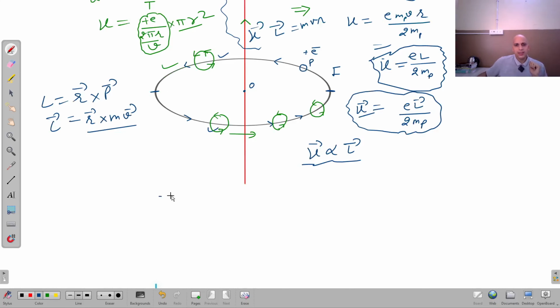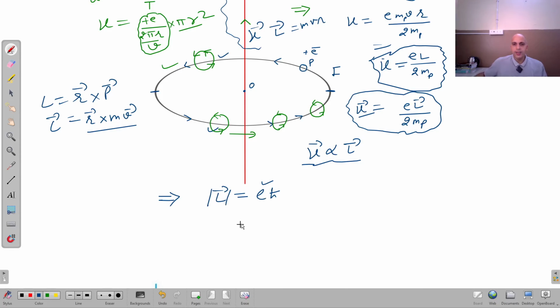Now let's come to the value of L. We know from the knowledge of quantum mechanics that L vector, or simply the magnitude of L vector, we can write it as small l into h cut. Here small l is the orbital quantum number, right?